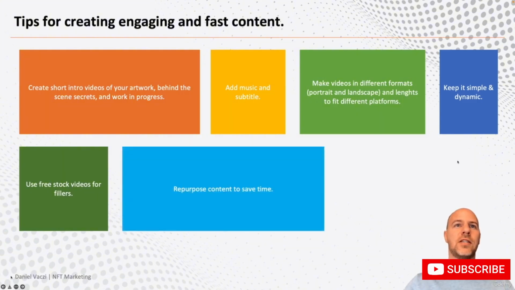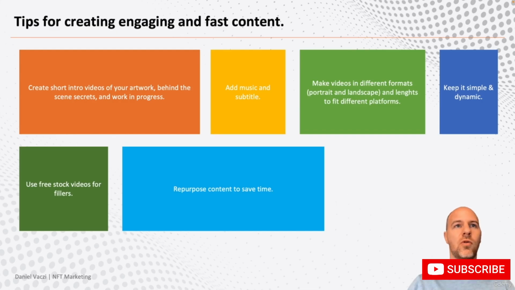Repurpose content to save time. You've got quite a lot of things to do when it comes to your marketing. So what you want to do is try to repurpose content. Don't just go and create for individual platforms. Check out what platforms have commonalities and create one set of videos or content for those.